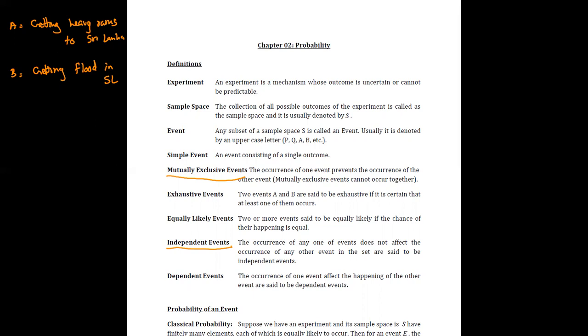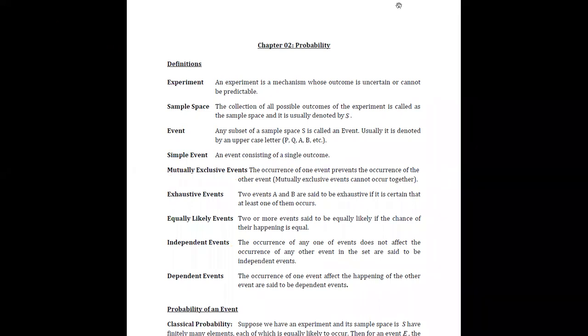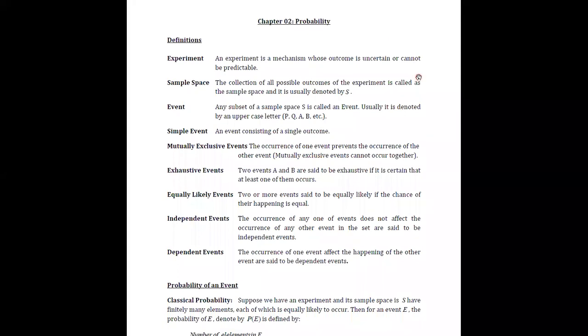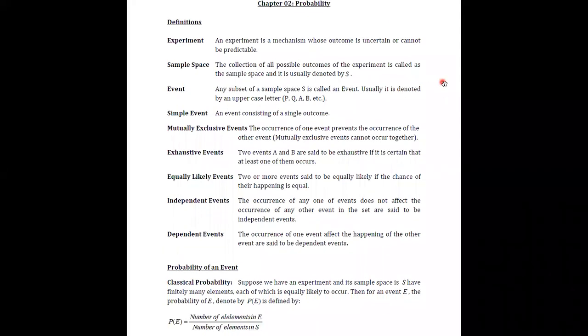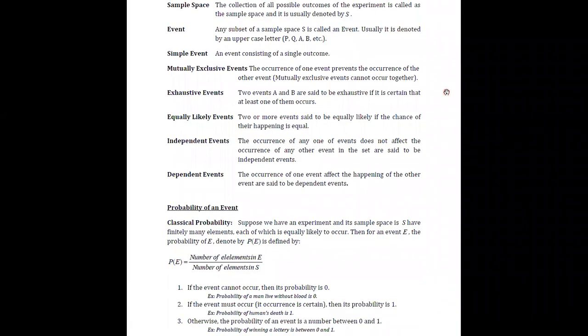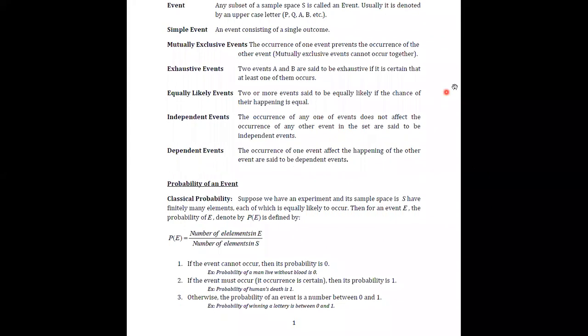Now we will move on to the next concept. This is one of the most important things we have to discuss in this chapter. We will consider the probability of an event. So far we have discussed what an experiment is, how to define the sample space, and we have identified an event.